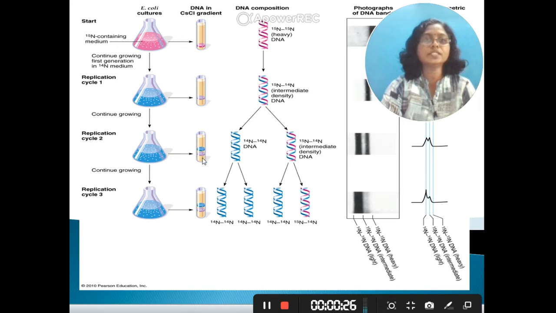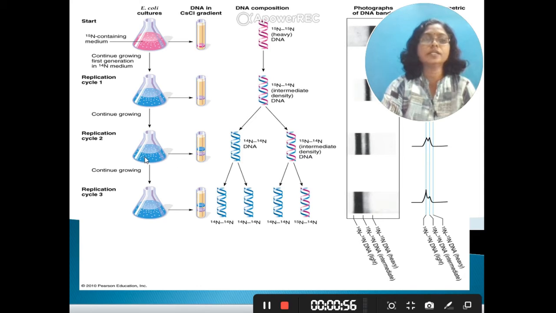One band was of intermediate density, which contained N15 and N14, while the other band contained both newly synthesized strands and therefore had N14N14 DNA molecule. So these strands contained a hybrid or intermediate density one which carried N15 and N14.